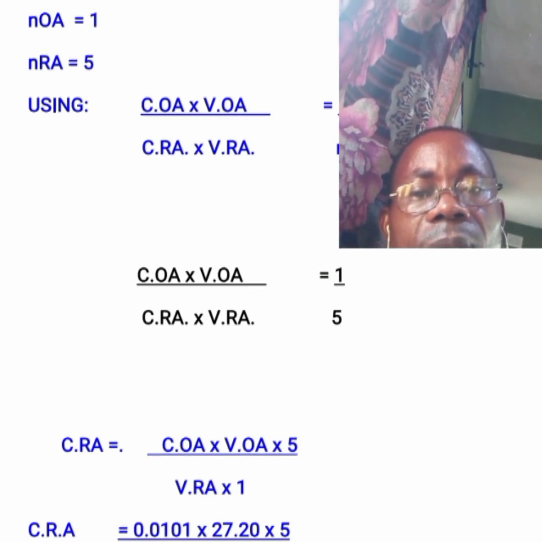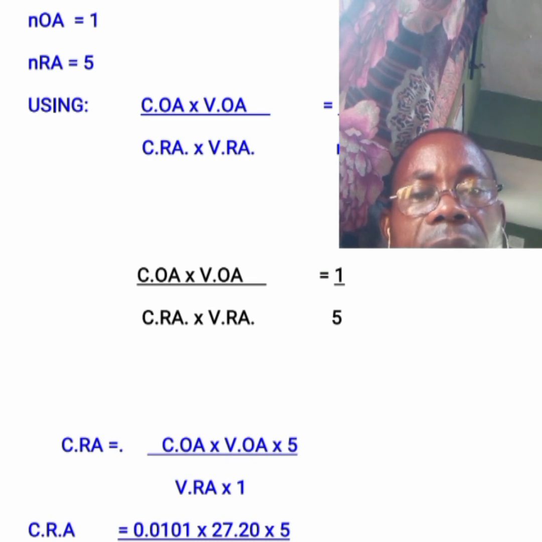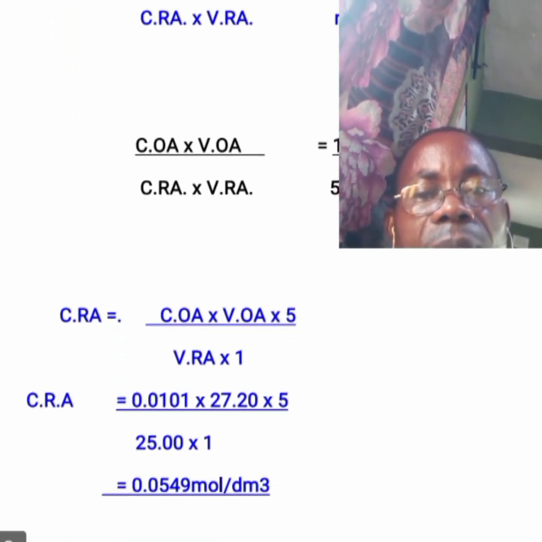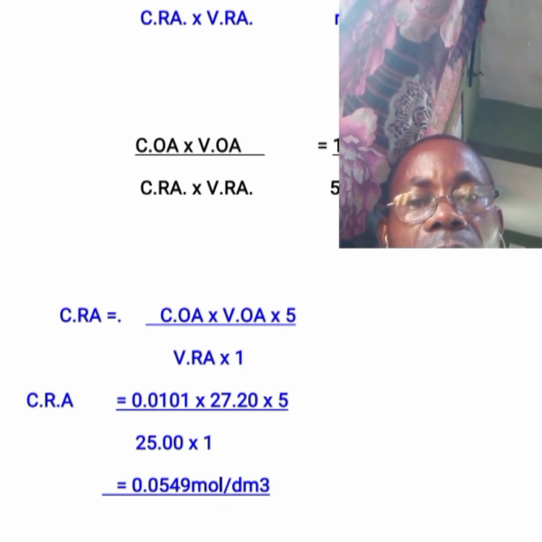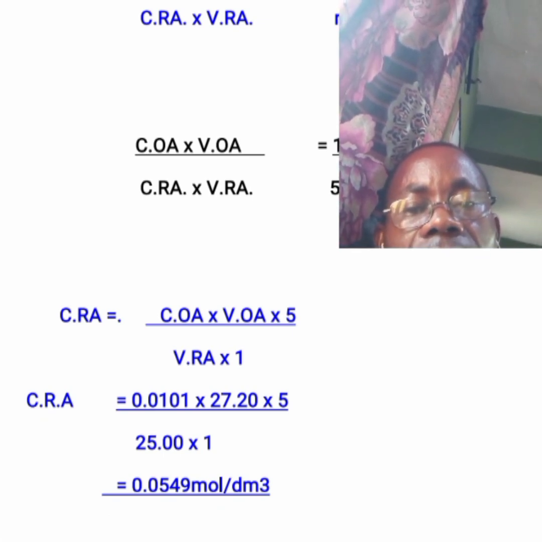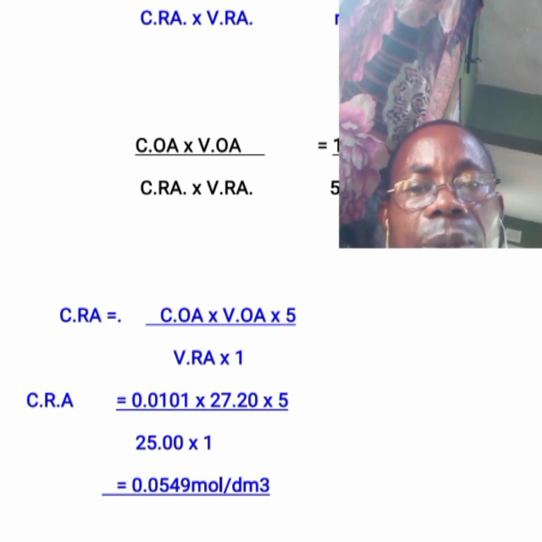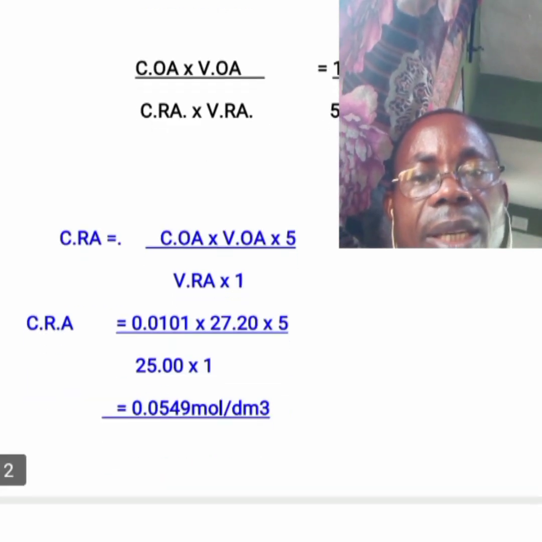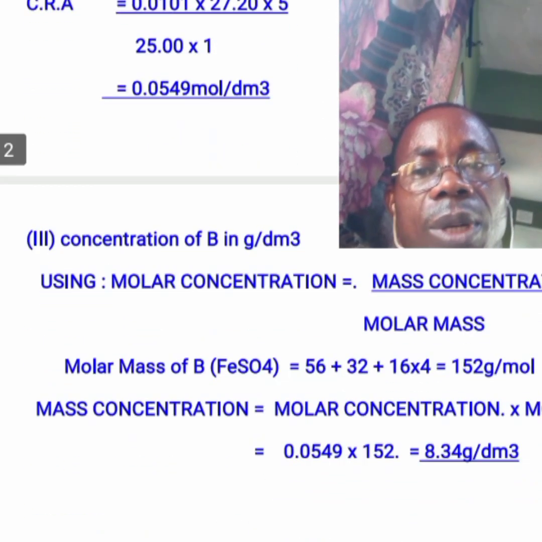So CRA equals COA times VOA times 5 divided by VRA times 1. Substituting those values, we get 0.0549 mole per dm cube. That is the concentration of the reducing agent in mole per dm cube.